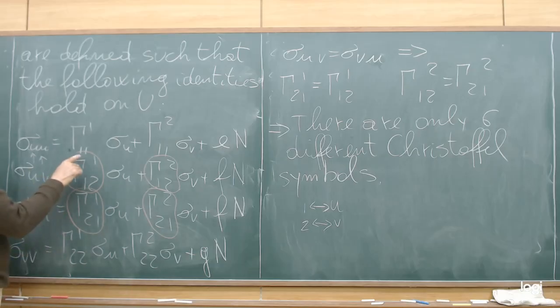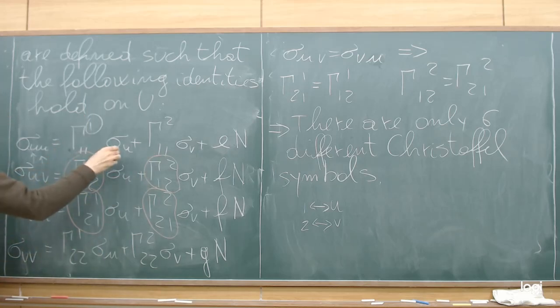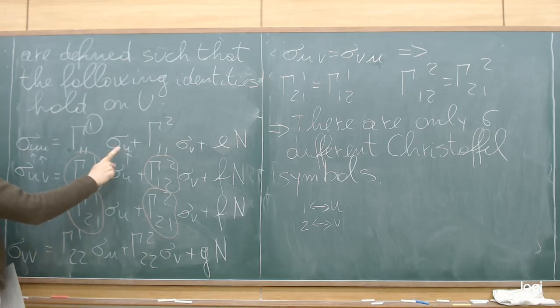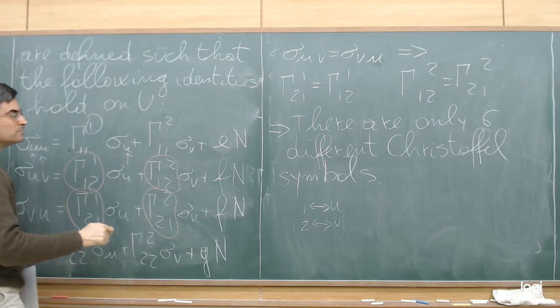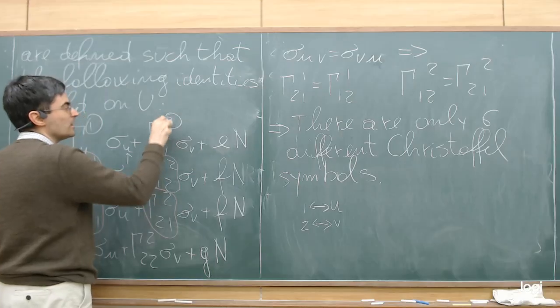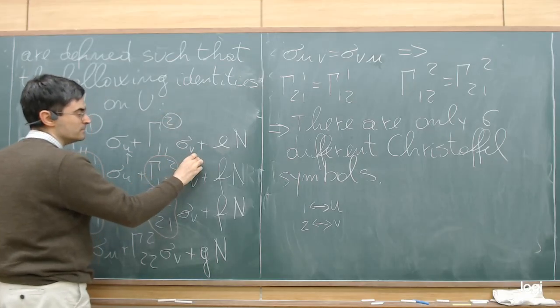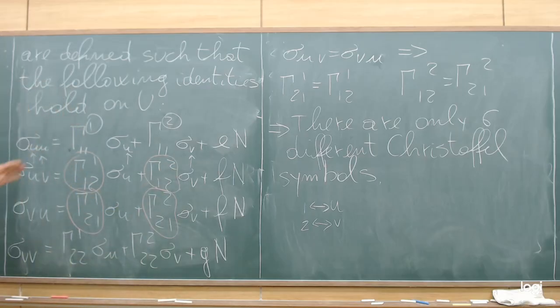So this explains why you have a pair of 1 here and a pair of 1s here. The reason why you have a 1 here is that you are considering the derivative of sigma with respect to u, and the reason why there is a 2 here is that you are considering the derivative of sigma with respect to v. Similarly, you can get why I am using the index ijk in the other equations.